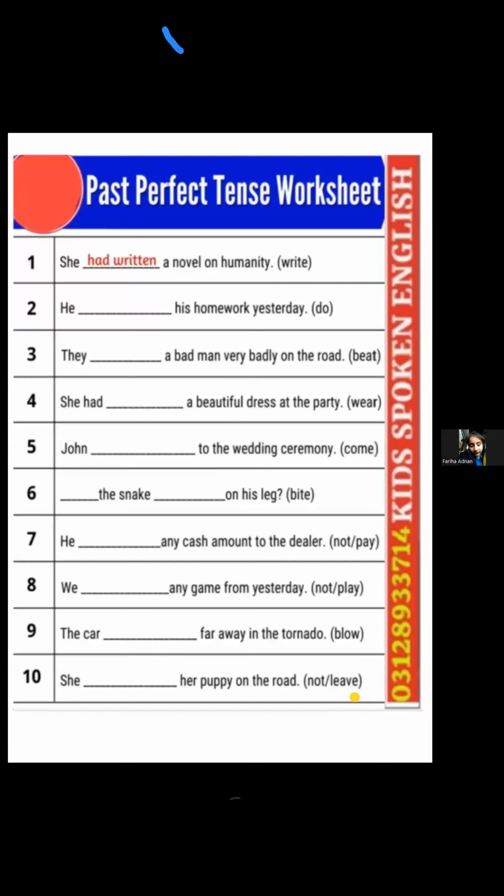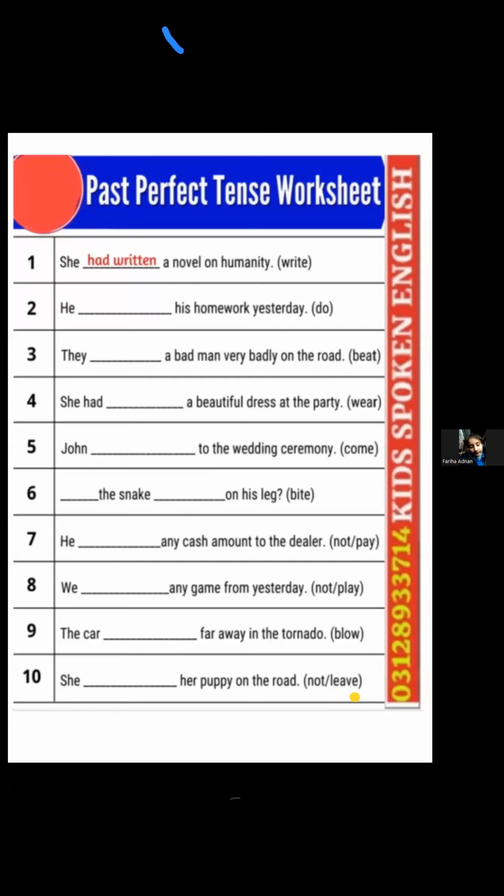What is the third form? Anyone knows? No. Left. Yes, ma'am. Okay, the third form is left. Okay, keep it up, dear. Fariha, very well done. Thank you, ma'am. Nice try.